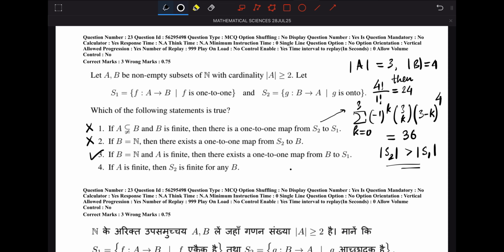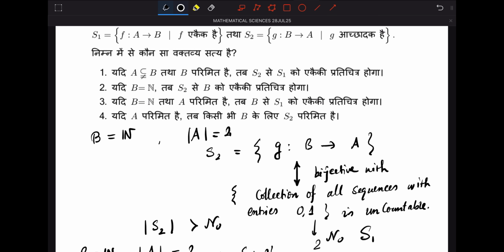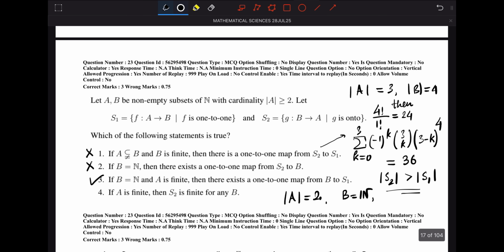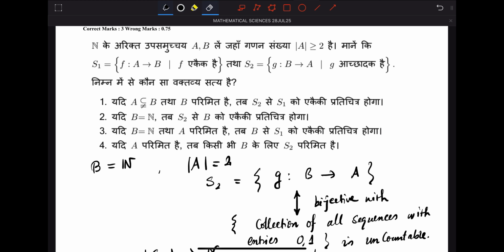If A is finite, again let us assume A has 2 elements and put B equal to N. Then S2, the collection of all surjective functions from N to A, is uncountable, as we pointed out before.